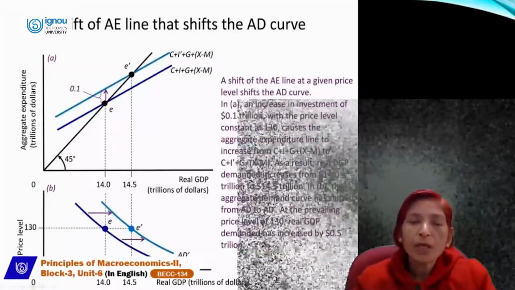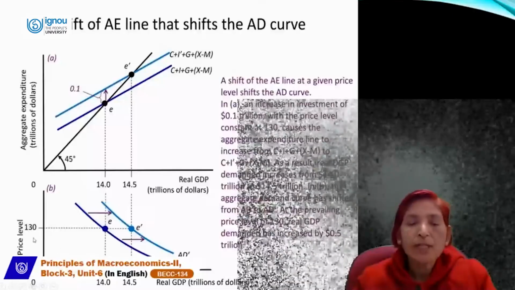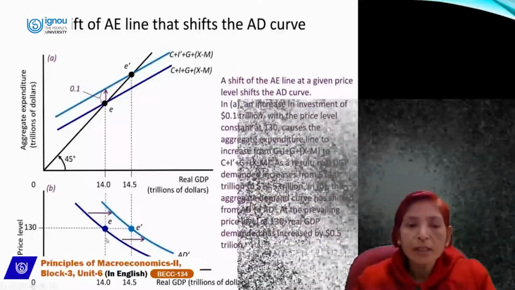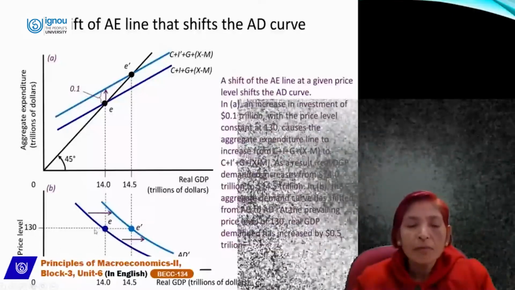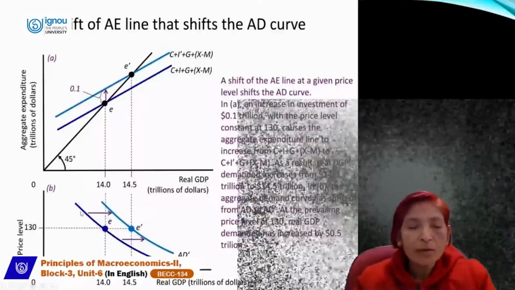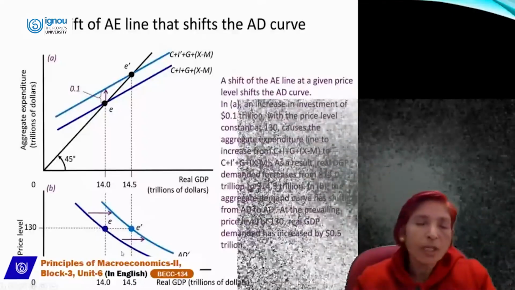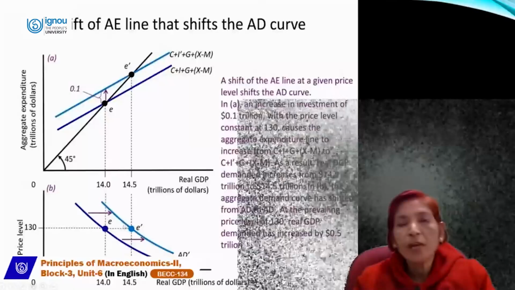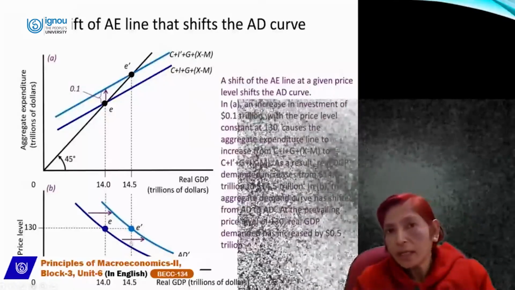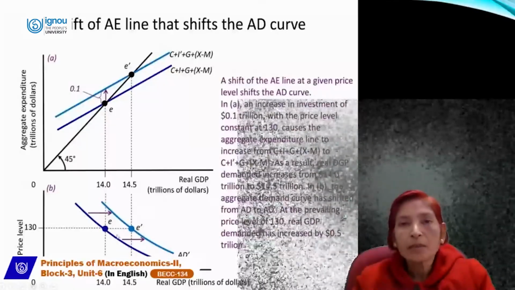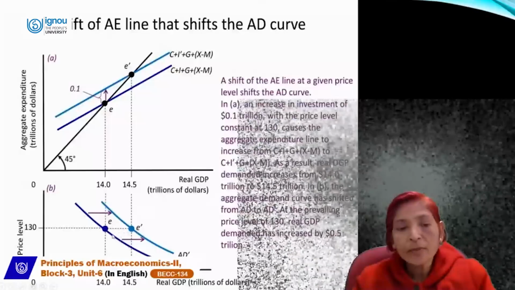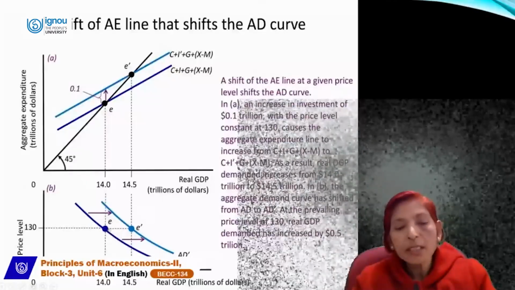Here we will get two equilibrium points, and if we assume that price remains constant, then we can draw at the first equilibrium point one aggregate demand curve or initial aggregate demand curve, and on another equilibrium point E dash, this demand curve is showing that demand has increased.